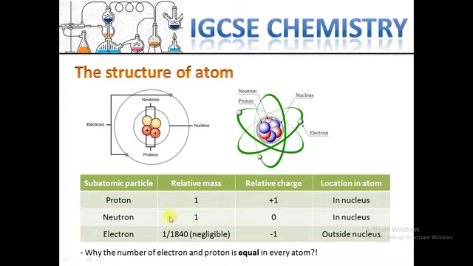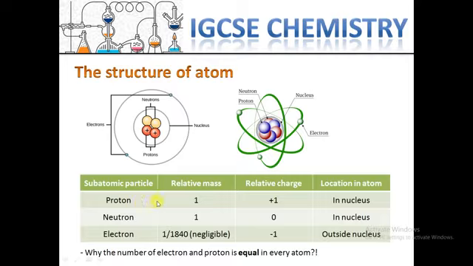Here are some properties of protons, neutrons, and electrons, about the relative mass. Atoms have mass, but it depends on the kind of atom. Each atom's mass is related to the protons and neutrons mass.